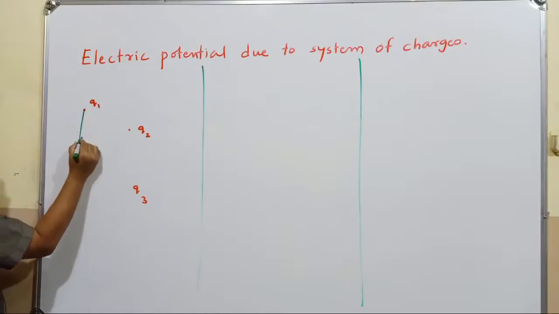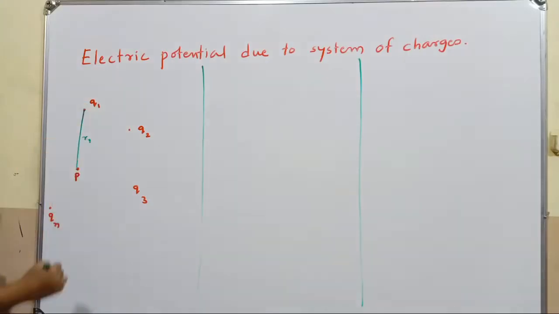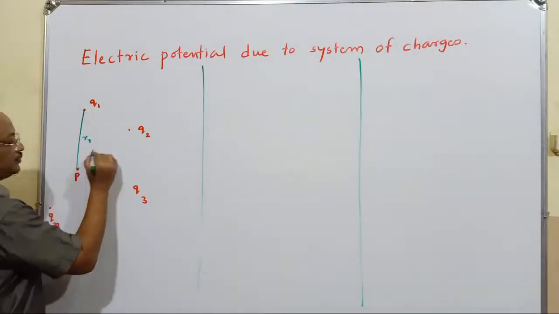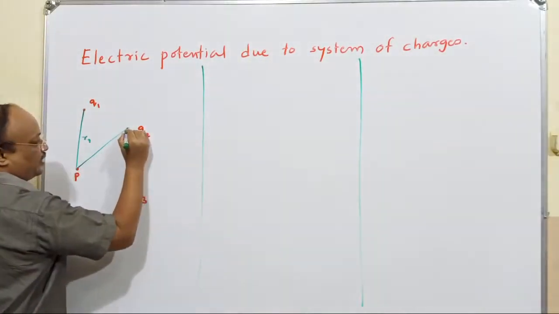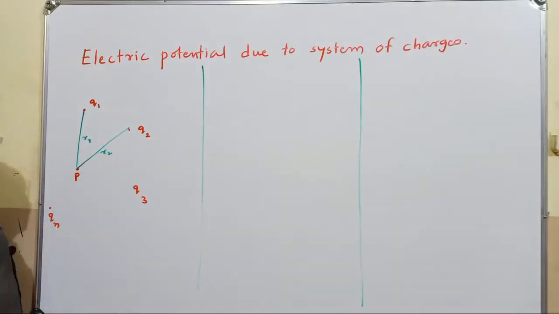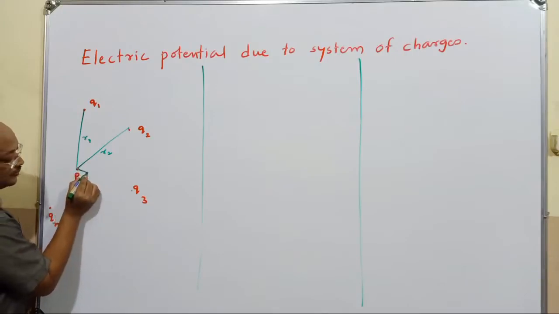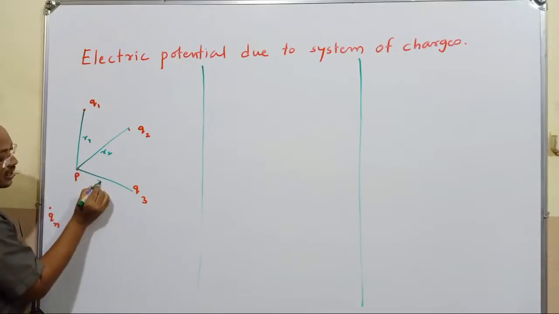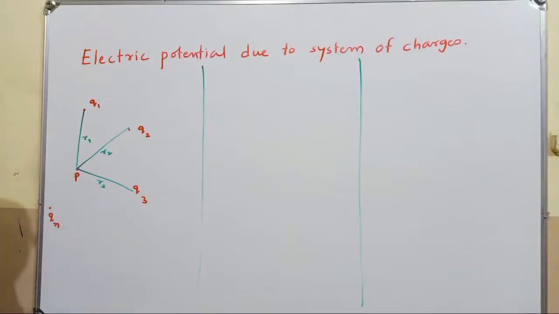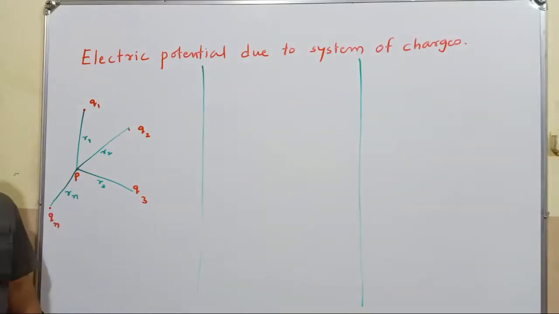The separation between Q1 and point P is R1. The separation between Q2 and P is R2. This charge Q3 is at a distance of R3 from P, and this Qn is at a distance of Rn from it.